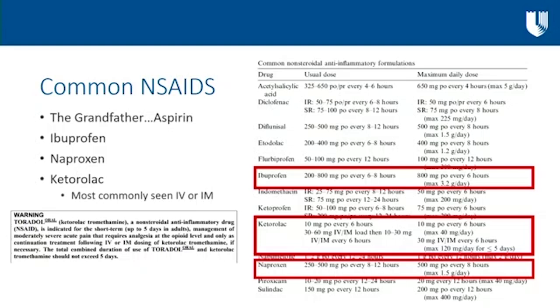When we look at each of these, you have max daily doses. With ibuprofen, generally 3.2 grams a day. With ketorolac, same thing, you have a max daily dose. With naproxen, you have a max daily dose. With ketorolac, you even have a little black box warning that says, one, short-term use only, 5 days' worth.